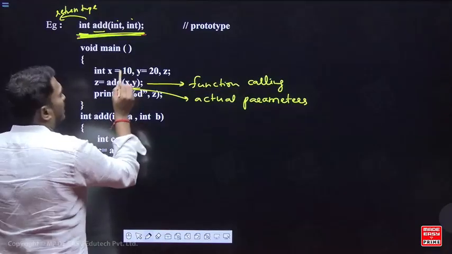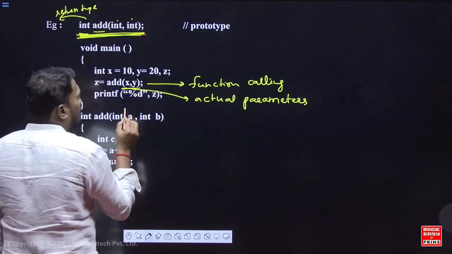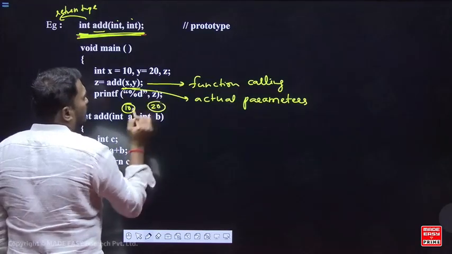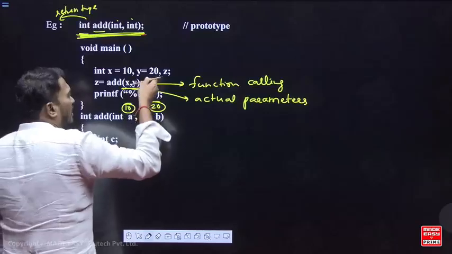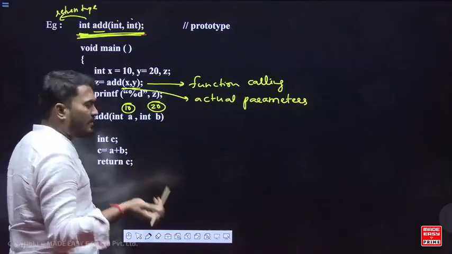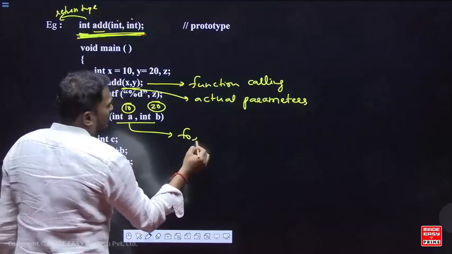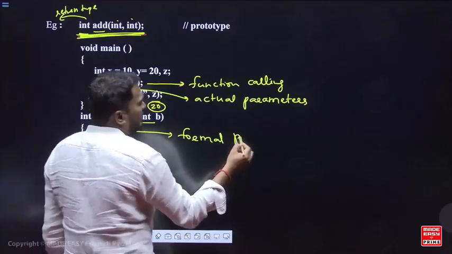So x value is how much here? 10. X value is 10, that is received into a here, and y value is 20, that is received into what? B. So x value is going, y value is going.